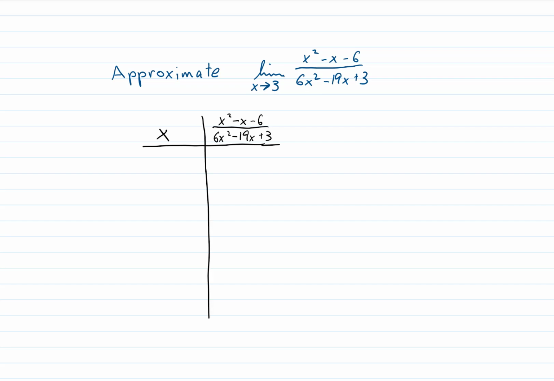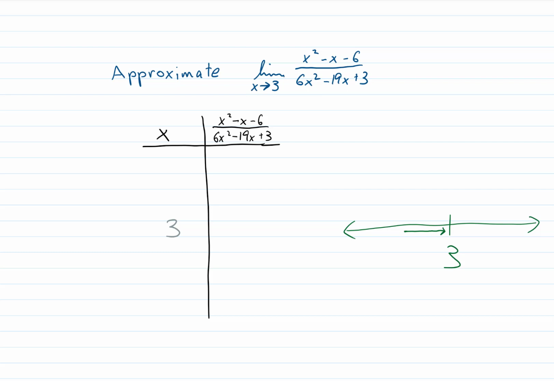So we're doing as x approaches 3, right? Let's think of some numbers that approach 3. Think about a number line. And here's the number 3 right there on the number line. I said the right a second ago, but I meant to do the left first. What are some numbers that approach 3 from the left?